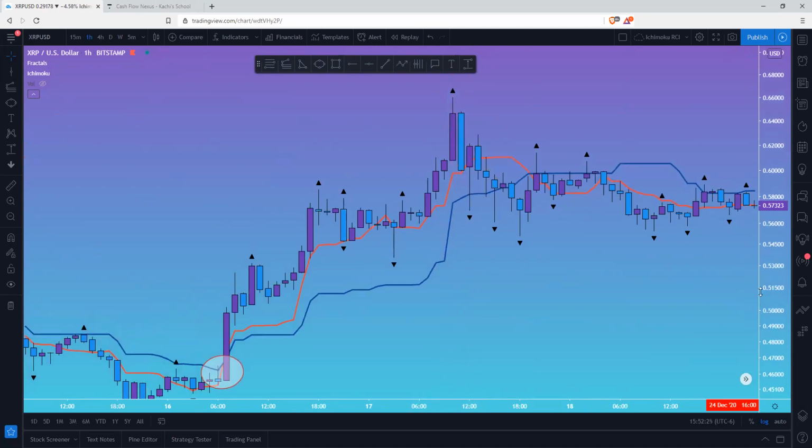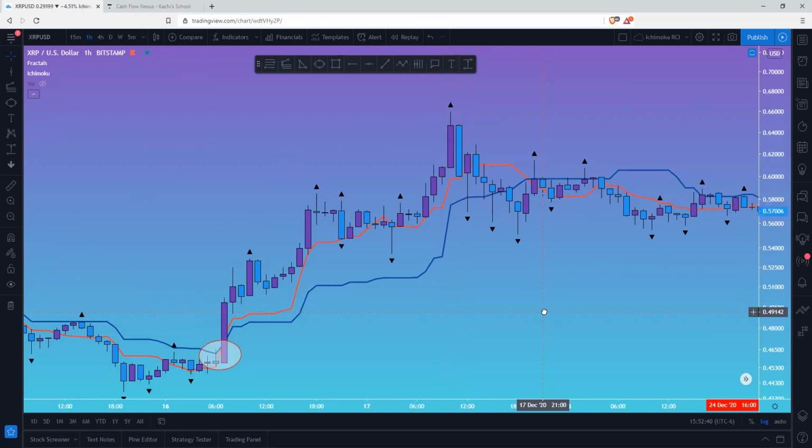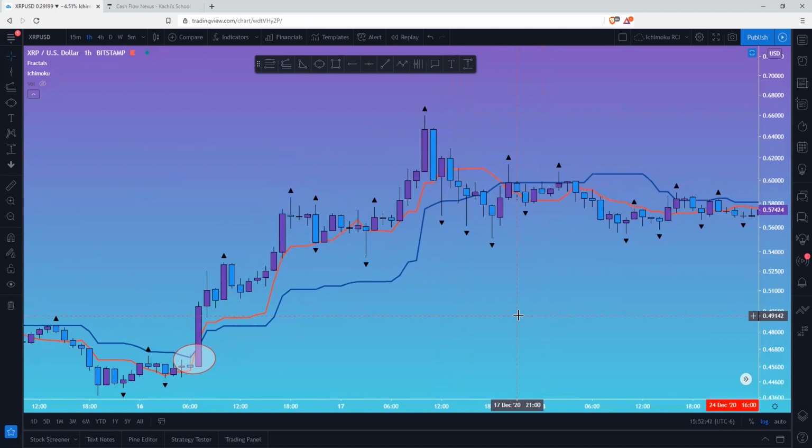If we're just using the Tenkan-sen and Kijun-sen, we close when price crosses the Kijun-sen. All right, so where did that happen? The last candle to close below the Kijun-sen.